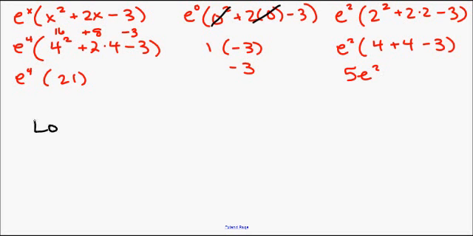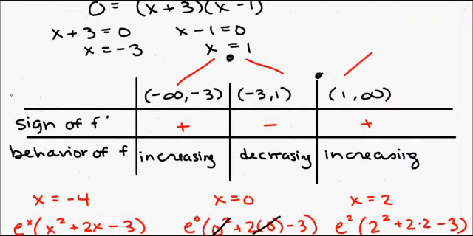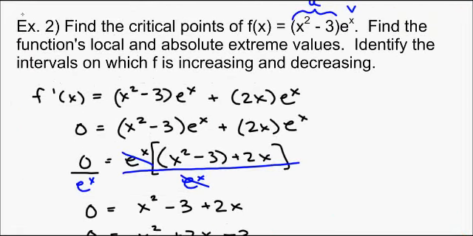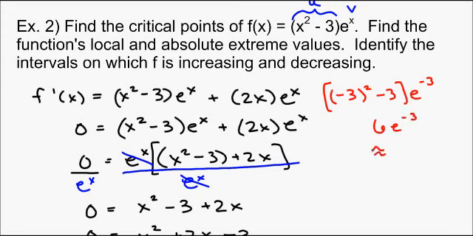I have a local max. I said that was at x equals negative 3, so it'll be negative 3, comma, what happens when I plug into my original function. So negative 3 squared minus 3 times e to the negative 3. This is 9 minus 3, so 6e to the negative 3, which is approximately 0.299.